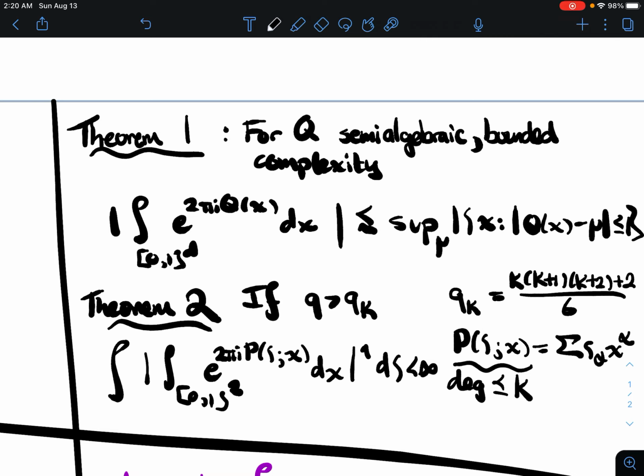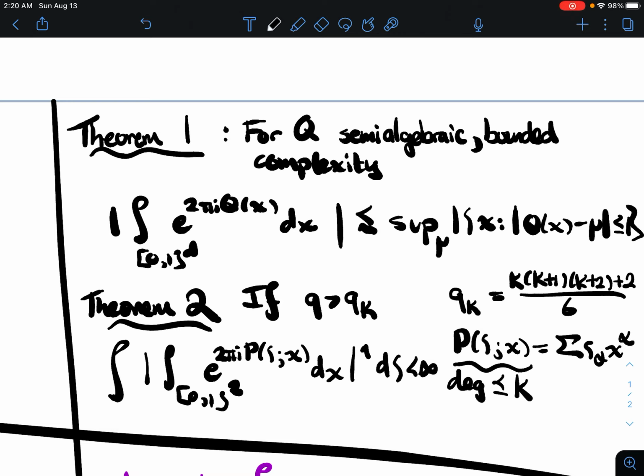Again, that's because quadratic polynomials have a particularly nice theory of stationary phase. They have non-degenerate stationary points. And so methods using this can be used to obtain tight convergence exponents for these types of integrals. But this result for two-dimensional oscillatory integrals gives you the result for k of arbitrarily large size.